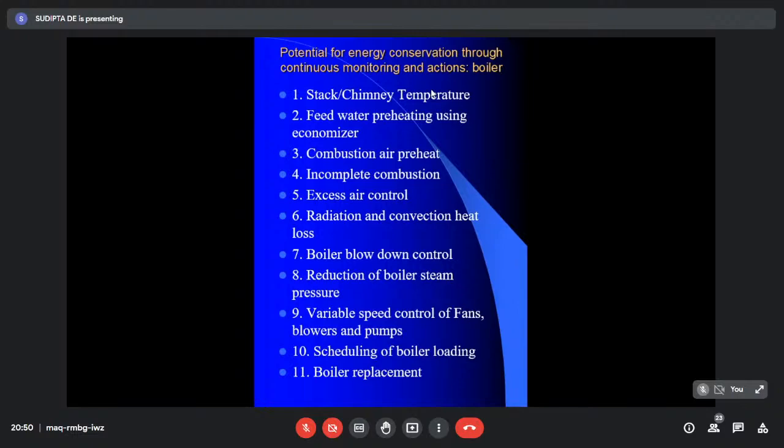So under the third point, just write down: air is supplied to boiler from local atmosphere, and hence it is at local atmospheric temperature.